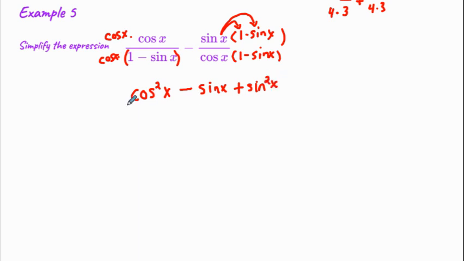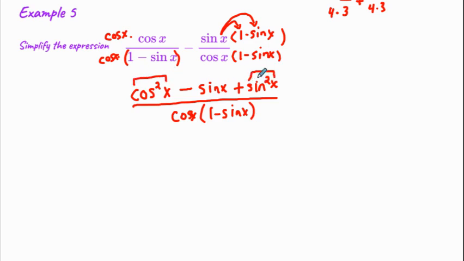Now, this is something you learn with experience, and you get the benefit of my experience. I am not going to distribute this cosine into the 1 minus sine x in the denominator. And you'll see why here in a second. So I got cosine x times 1 minus sine x. Now we have a cosine squared and we have a sine squared.